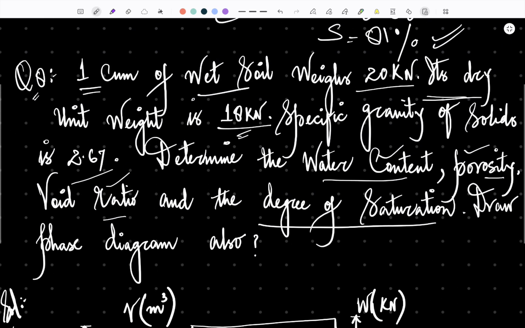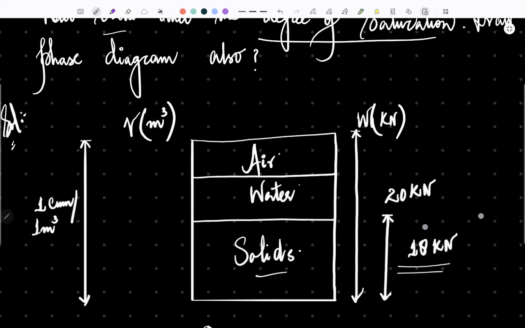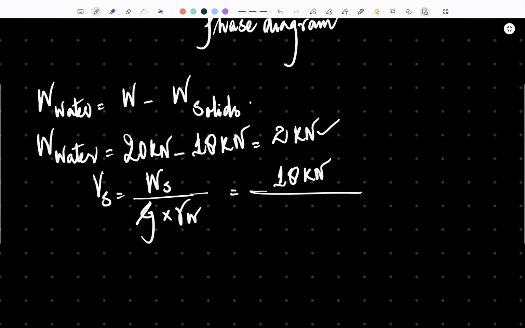Note carefully, it's written clearly over here that specific gravity of solids, that means the soil solids, is 2.67. We'll be substituting the same value here in the equation. 2.67 multiplied by the density of water.